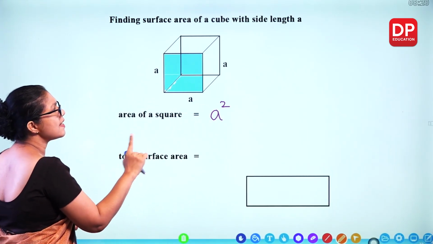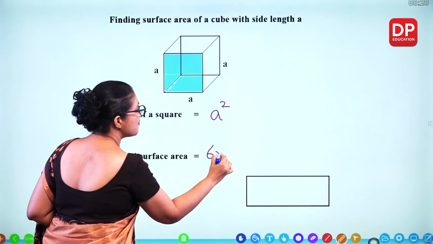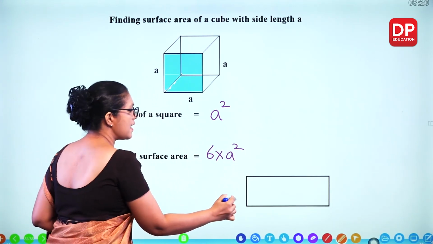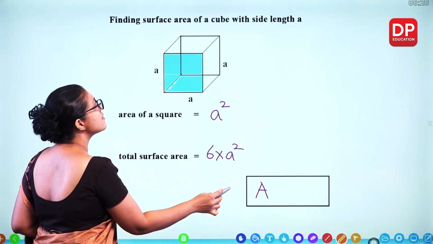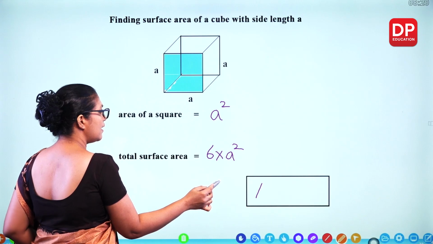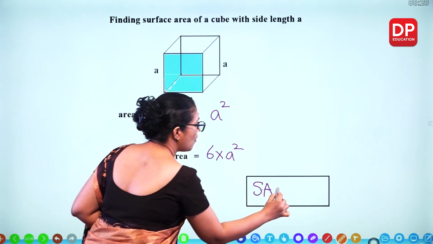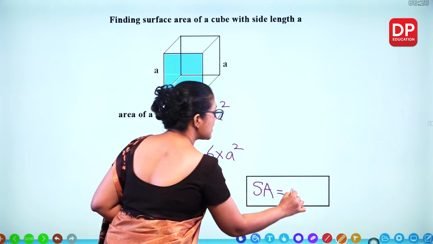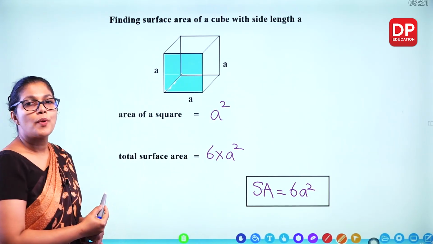So we get 6 squares around this, 6 times A squared. This is the surface area, I'll put SA. Surface area of the cube is 6A squared.